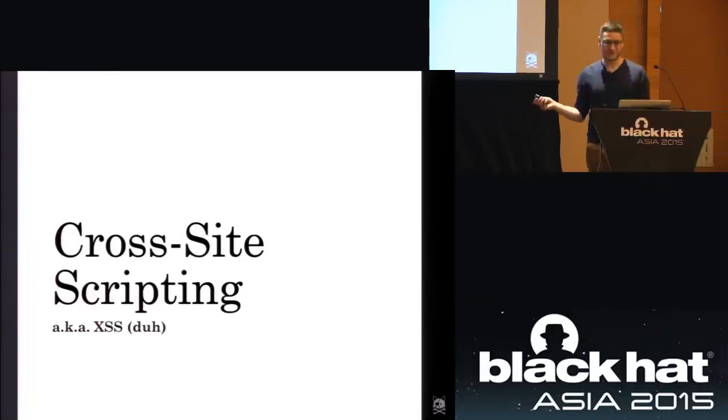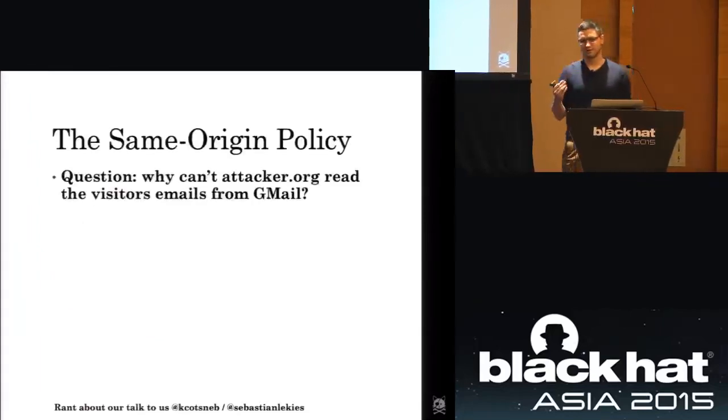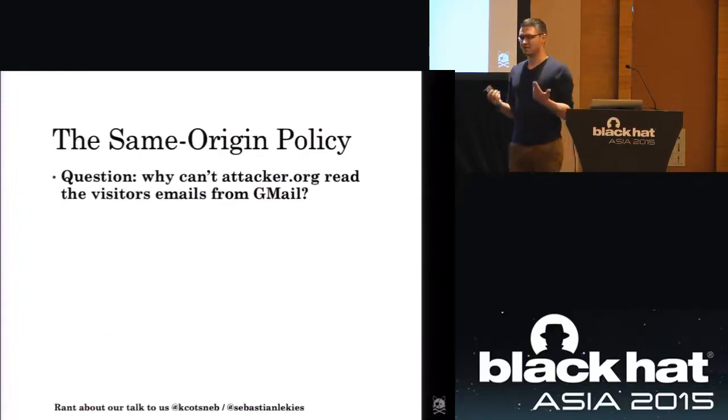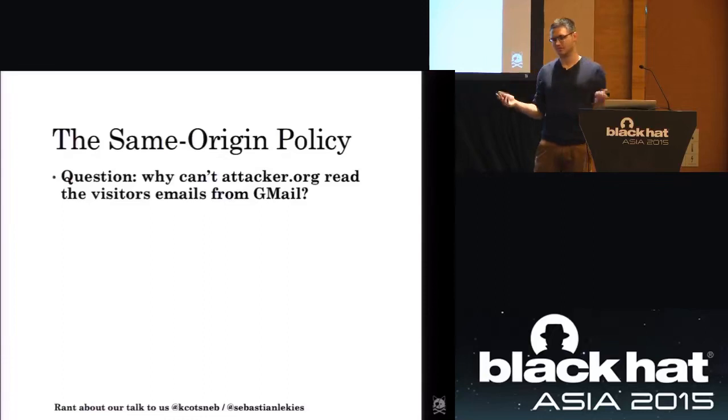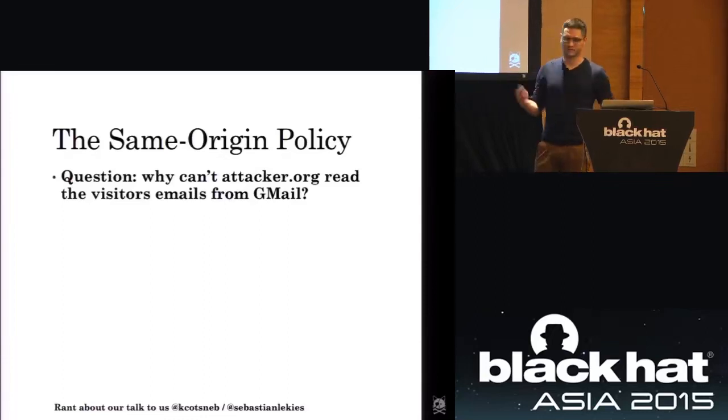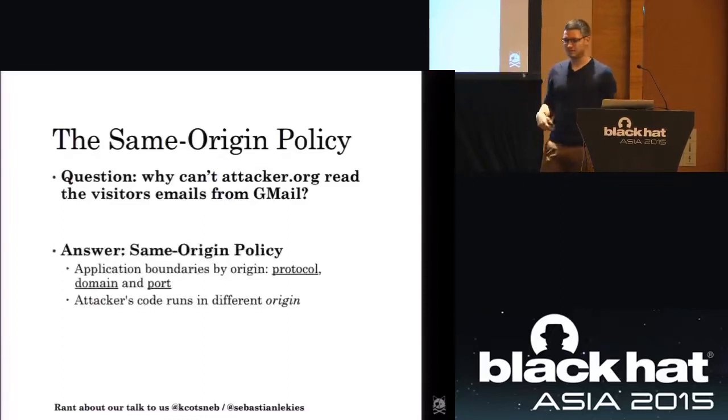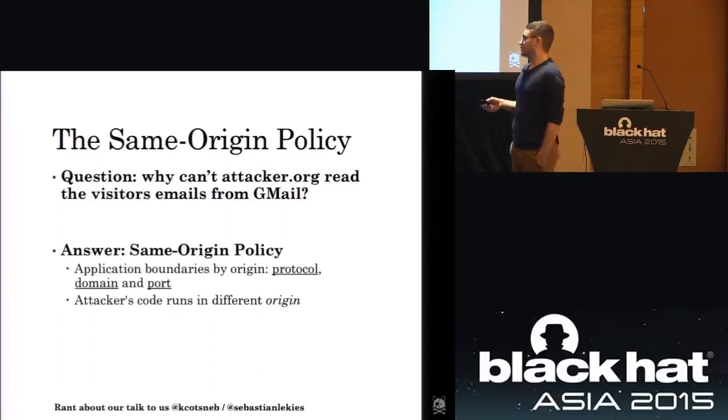Cross-site scripting. Before we can talk about cross-site scripting, let's talk briefly about a question: if I am attacker.org, and I open an iframe, for example, and frame mail.google.com, why is it not possible for me to interact with this site? Because it would be very easy for me to extract all your emails. The answer is the so-called same origin policy, which is a policy that enforces application boundaries based on an origin.